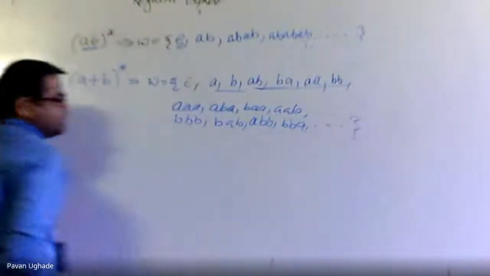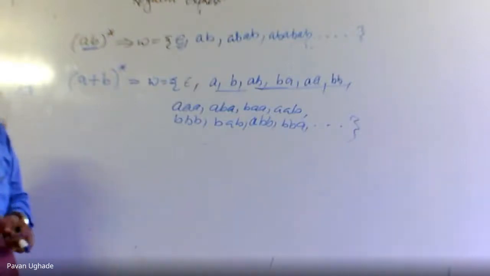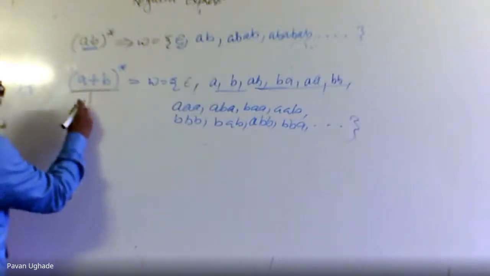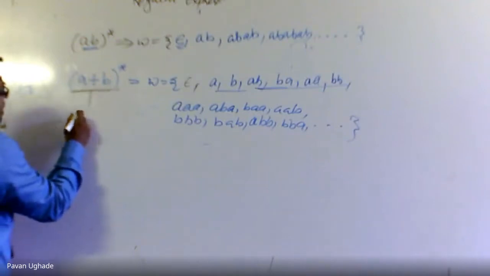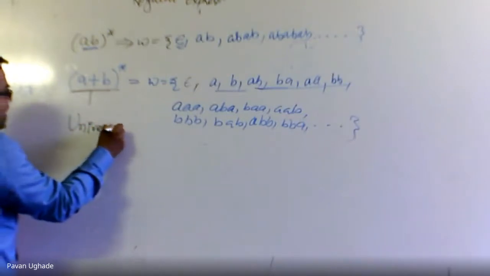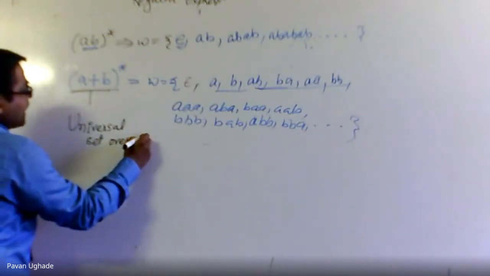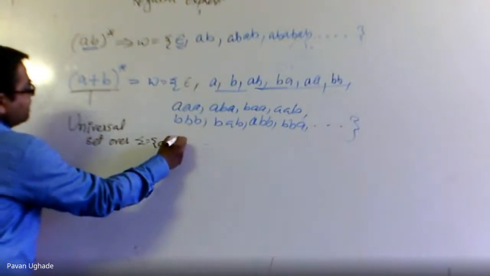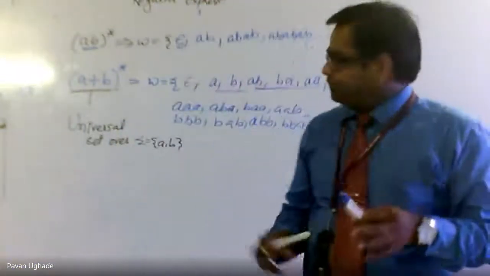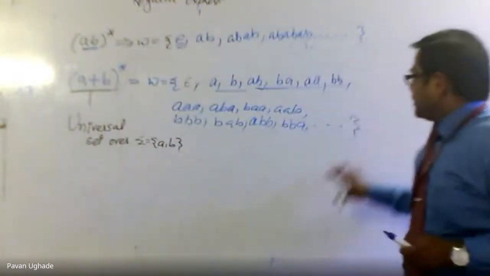It is nothing but all the strings possible over A and B. I will say it is the universal set over the alphabet A, B. All the possibilities of strings over A and B, including epsilon. This is how it is.